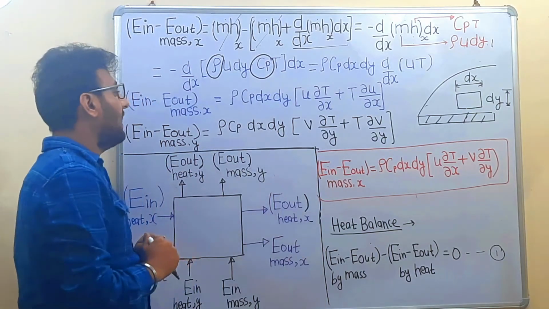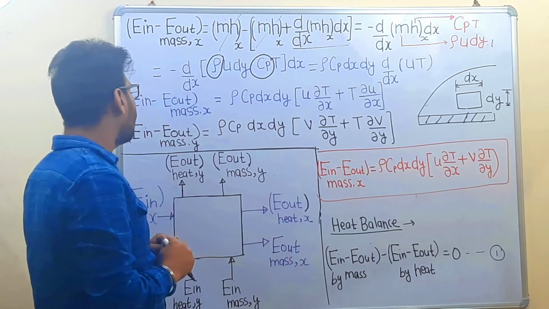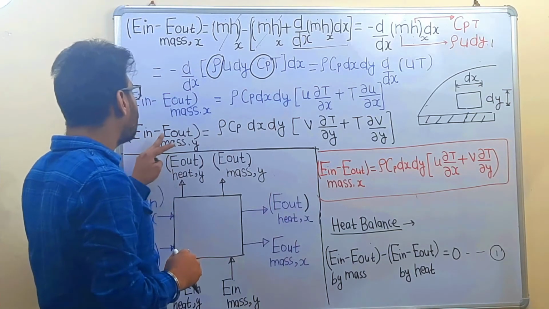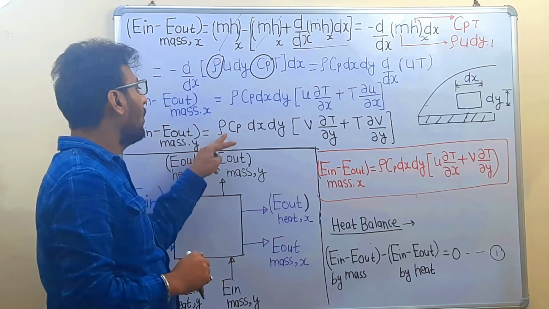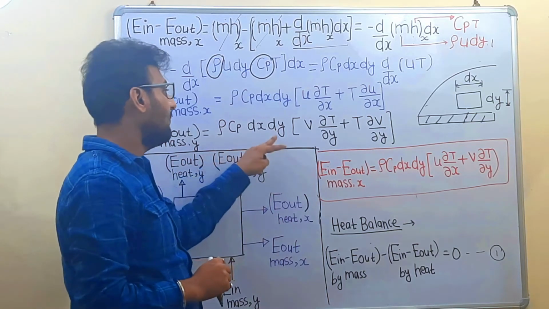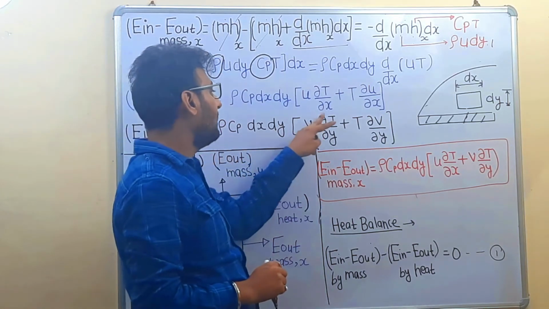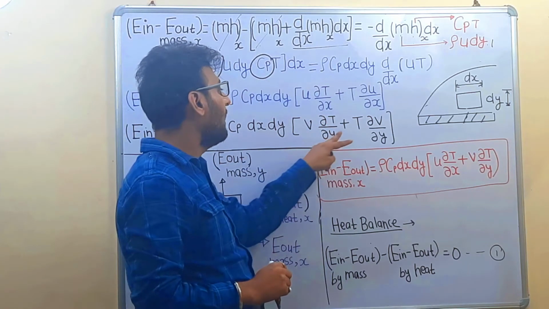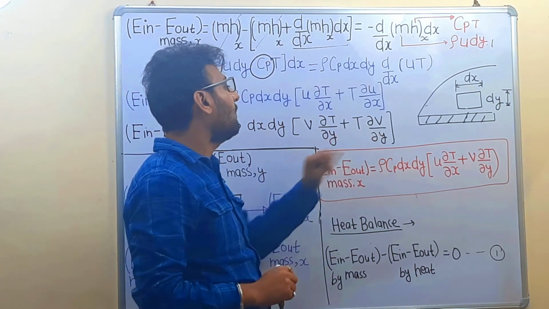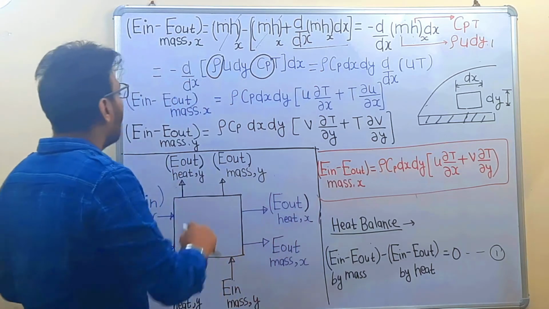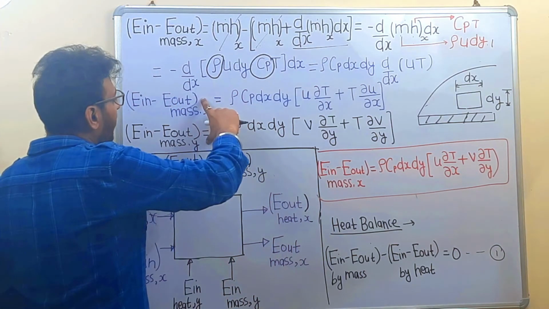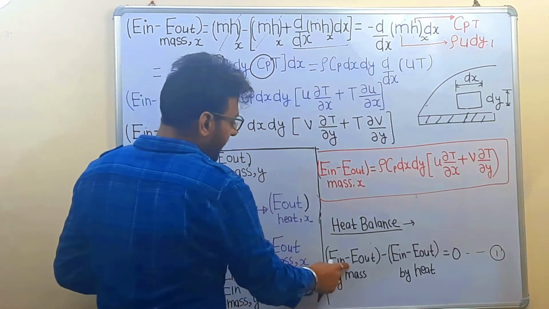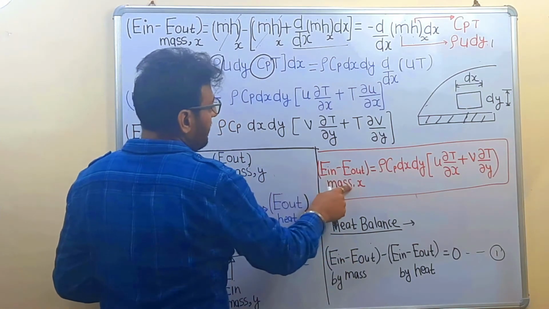Similarly, we can obtain the expression for E in minus E out by mass in y direction like this: rho c p dx dy times v del T upon del y plus T del v upon del y. Now when we add these two equations, we will get energy in minus energy out by mass.